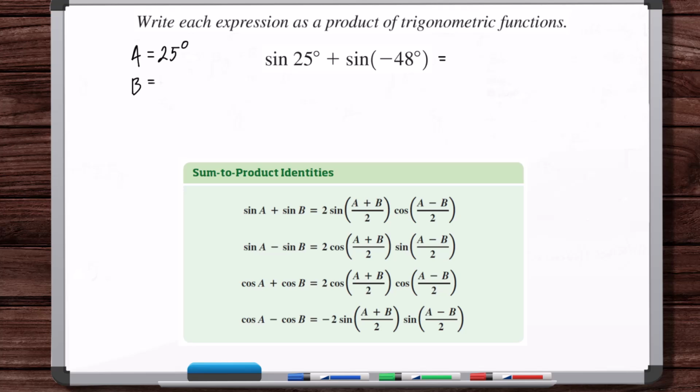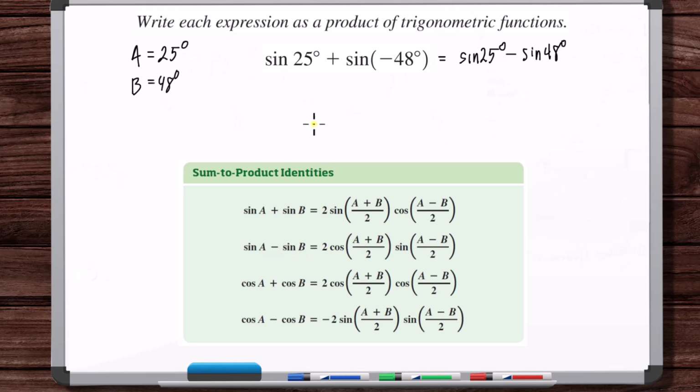So we know that sine of negative 48 is going to be minus sine of 48, right? Sine is an odd function, or the even odd identities tell us the same thing. So here we could use B is equal to 48 and use this identity.